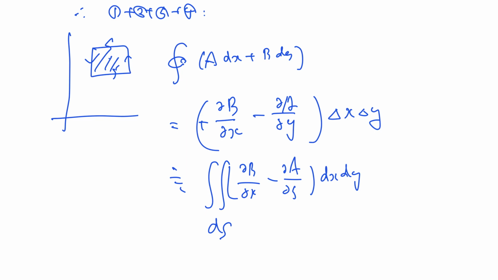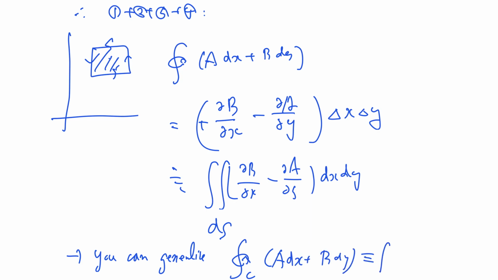So you can generalize. Therefore, for any closed integral over some domain, it equals the integral of partial b over partial x minus partial a over partial y dx dy.